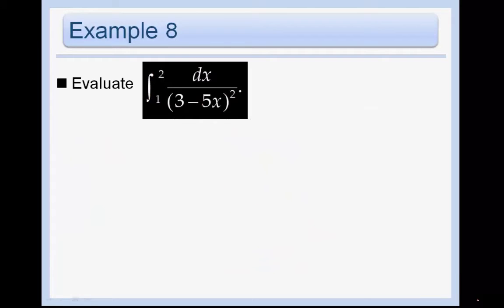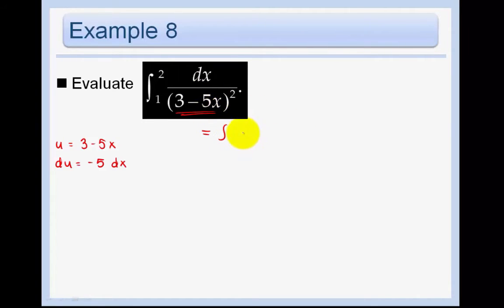Let's try it again. What do you think we're going to make u? That's always the key. Probably this. Let's let u be 3 minus 5x. So then what is du? Negative 5 dx. So let's rewrite this as the antiderivative. We're not going to mess with bounds quite yet.